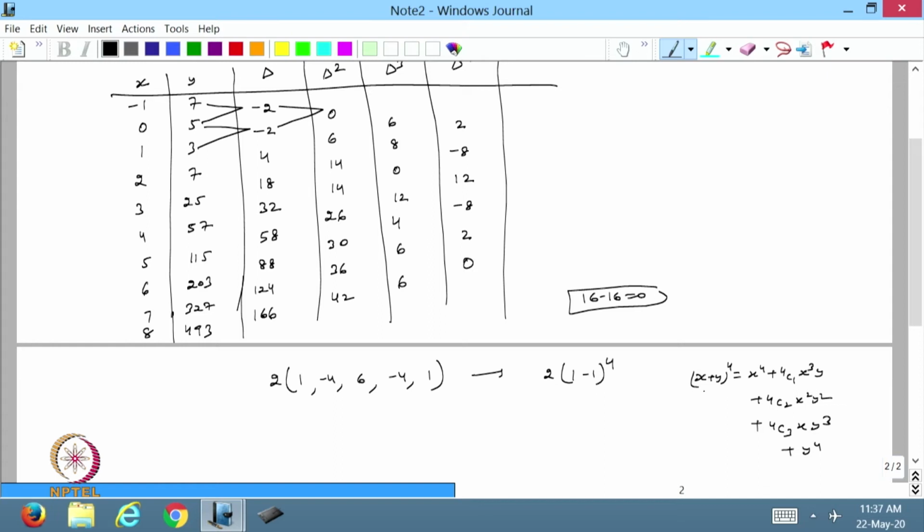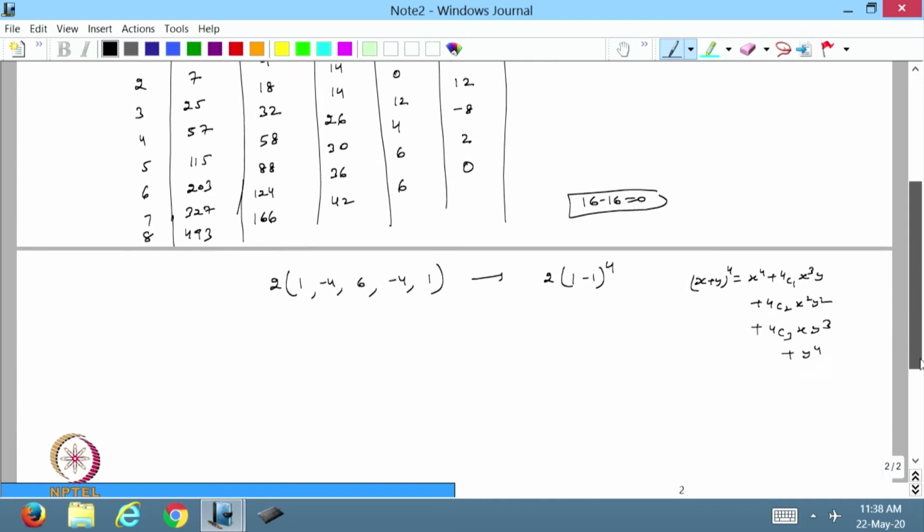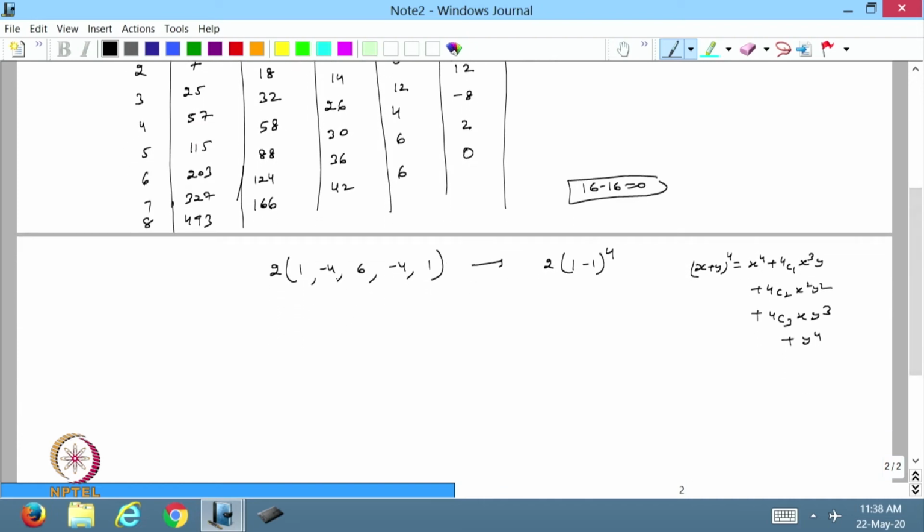This 4 c1 is 4, this is 6, this is 4, and if I put x equal to 1 and y equal to minus 1, I will get the same coefficients. Based on this, I can see that this is the error following the binomial pattern. So, I can say that my error epsilon is 2. This is the error I have taken.